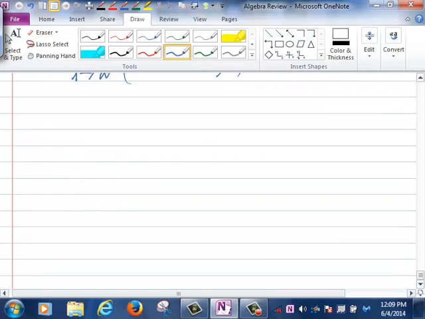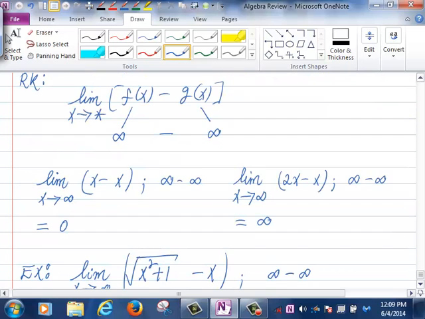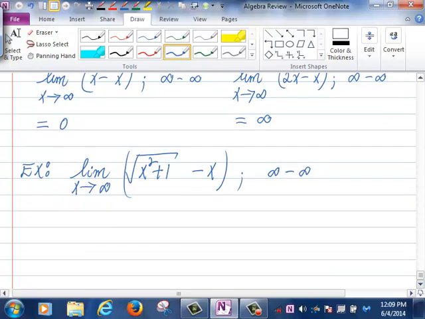So this is what we're going to do. We're going to rationalize. So this is the limit as x going to infinity of root of x squared plus 1 minus x. Even though I don't have a ratio, right?